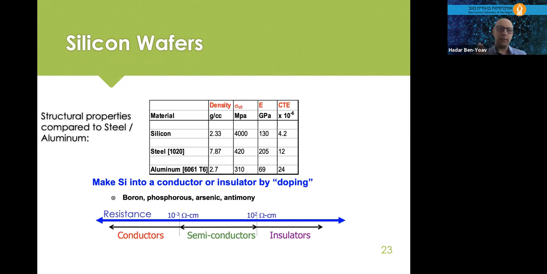And it's not a bad contamination, it's a good contamination that affects the resistivity of the silicon. And then it's called a semiconductor because, depending on the temperature, you can transform it from an insulating material, you can heat it up into a conductor. That's why it's called semiconductor.